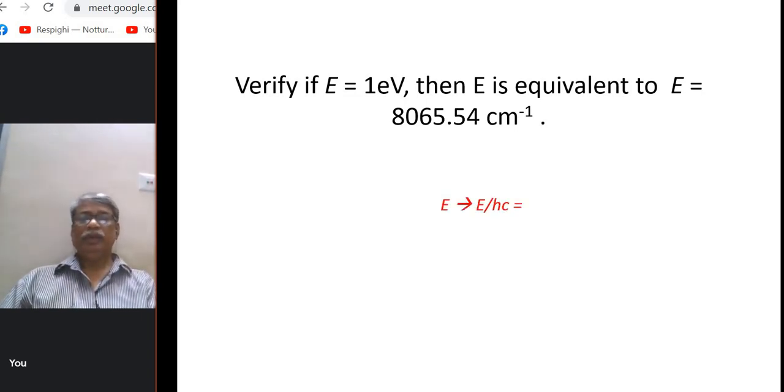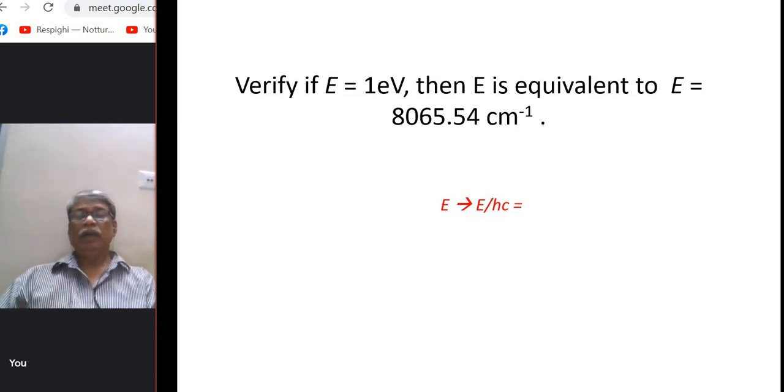As you know, if you divide or multiply E by some universal constant like h or c, then actually you are scaling the energy. Of course, you will get it in a different unit, and if you want to get back the earlier unit, then you have to just reverse your operation. That means if you divide by hc, then you have to multiply by hc at the end.